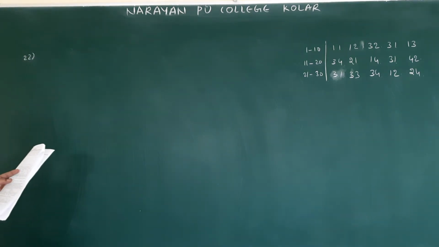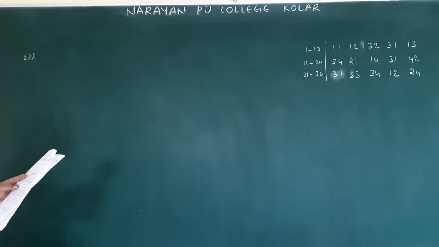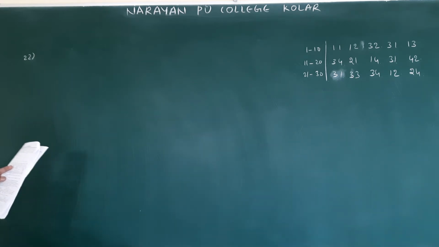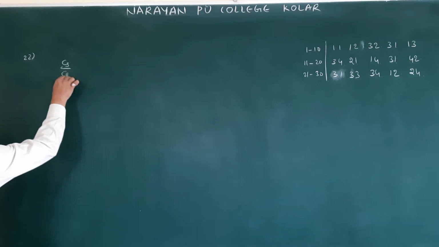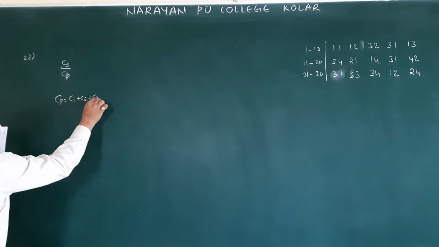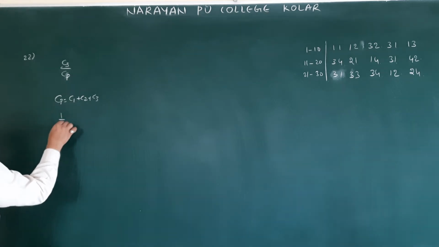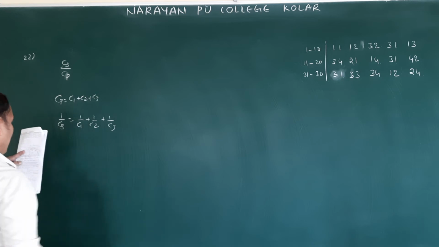Three capacitors of capacitance 3, 9, 18 are connected in series and another time in parallel. The ratio of equivalent capacitance in the two cases, they are asking CS by CP. What is the CP formula? C1 plus C2 plus C3. CS formula: 1 by CS equals 1 by C1 plus 1 by C2 plus 1 by C3.